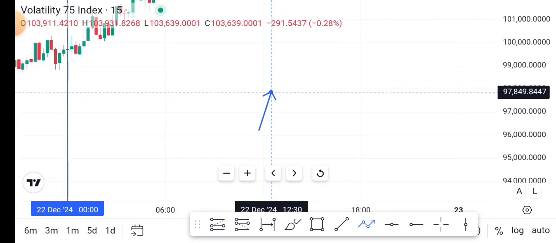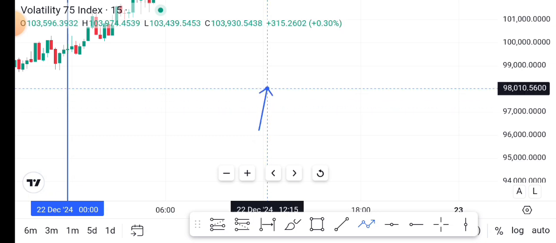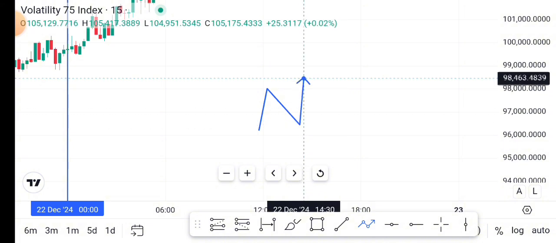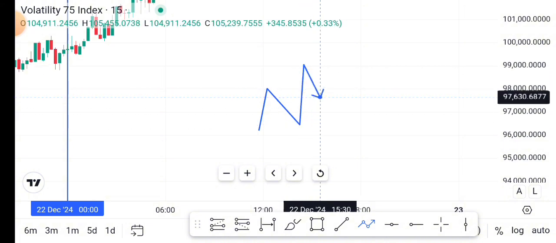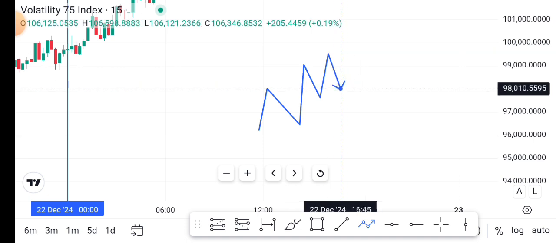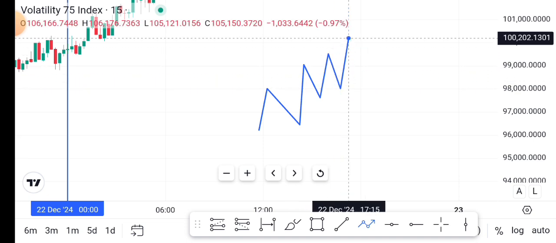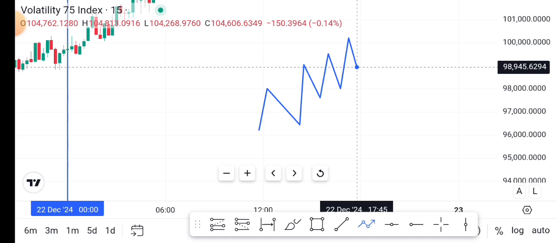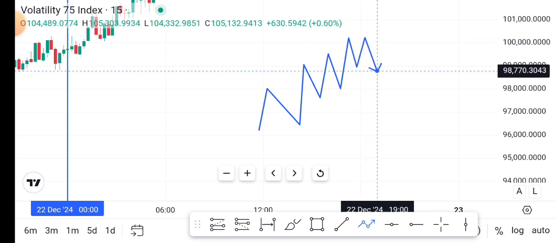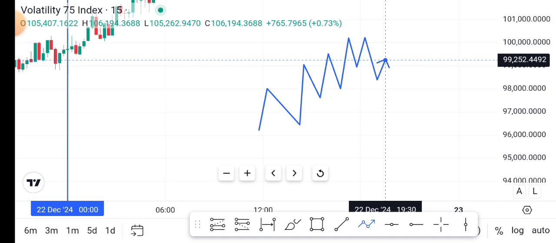We have to wait, because the day is for buy. We have to wait for the market to go up like that, come down, go up like that, come down, go up. Are you getting the point? Around 3, 4, 5 a.m. in the morning, the market will start to pull down like that.